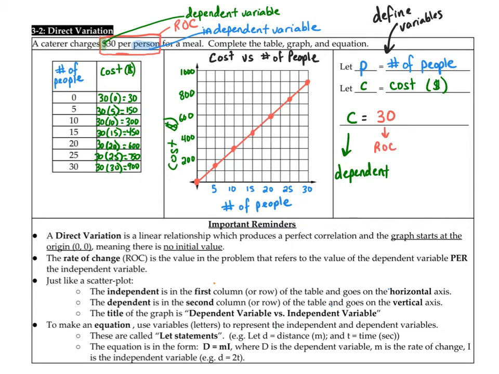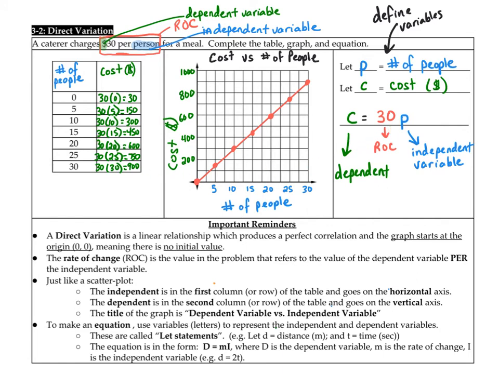And it's being multiplied by the independent variable. And what that is saying is that to find the cost, we took $30, which is the rate of change, and multiplied it by the number of people, which is what we did over here.